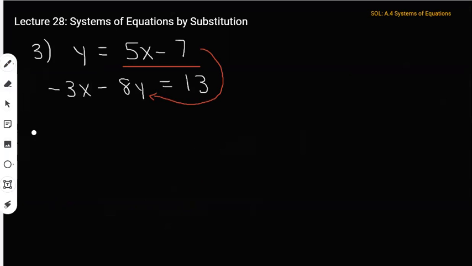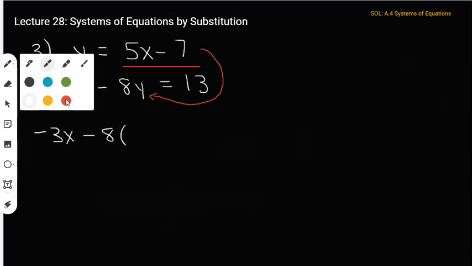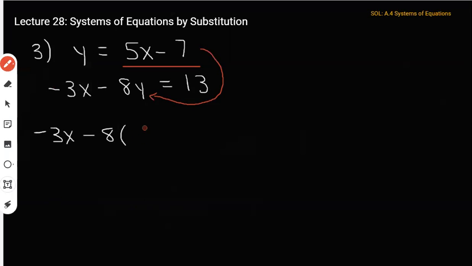So I've got negative 3x on the bottom minus 8. In place of y, I'm going to put 5x minus 7. And everything is going to be equal to 13.